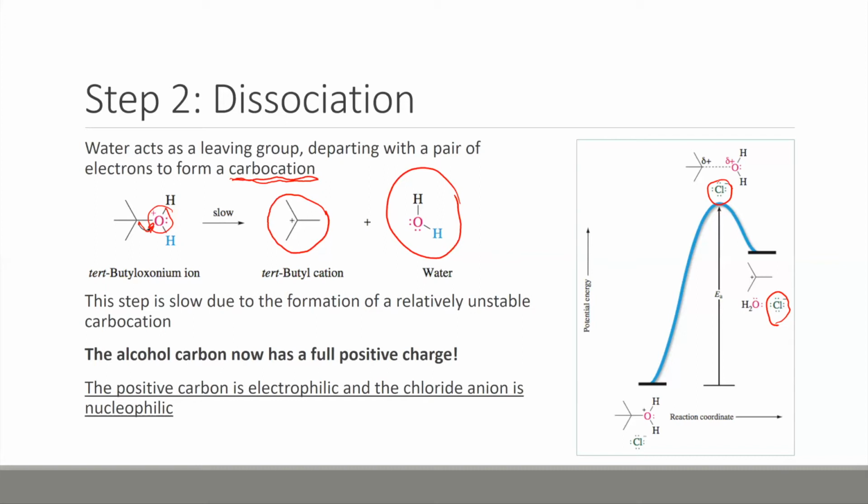And water has now been removed. It is stable. Water is a stable molecule. But again, remember in this energy diagram, look at how big of an energy gap this is to form this product of the carbocation. This is a slow step. And again, it's because this carbocation can be relatively unstable, and that causes this step to be slow.